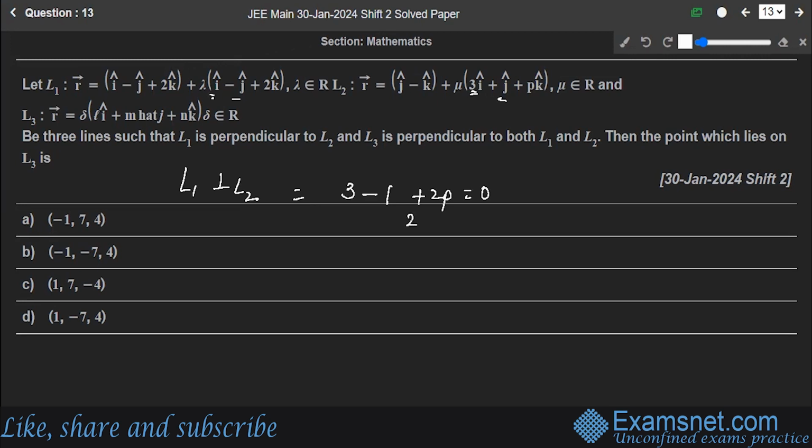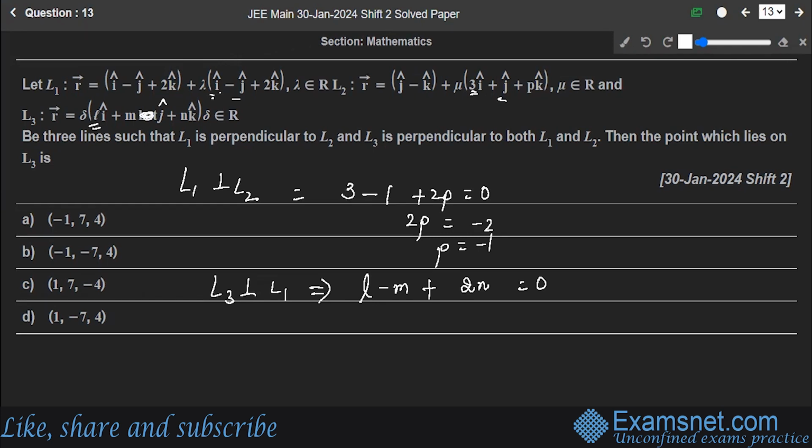This gives me 2p is equal to minus 2, or p is equal to minus 1. Also, you're given that L3 is perpendicular to L1. So that means L3, I told you this is this. So l into 1, this is l, m into minus 1, minus m plus 2n is equal to 0.